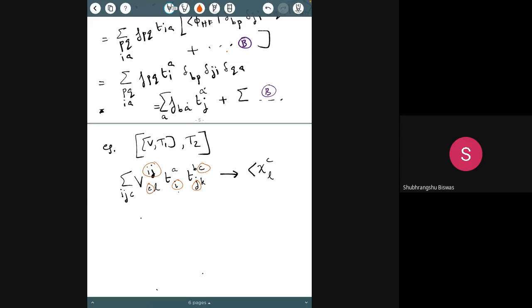So I, J, C. There are 3 contracted indices, and I am left with chi, let's say, L to A and K to B. Whenever you're projecting with an excited determinant, that is the equation for the corresponding t variable. So T_LK to AB.